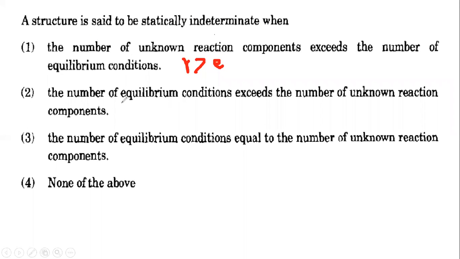Second, available equilibrium conditions exceed unknown reactions, means E is greater than R. Third is number of equilibrium conditions equal to the unknown reactions, means R is equal to E, and fourth is none of the above. So whenever R is equal to E, number of unknown reactions is equal to available equilibrium conditions, that kind of structure is statically determinate.